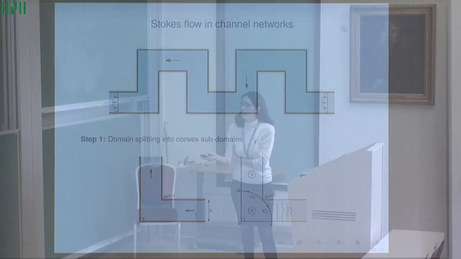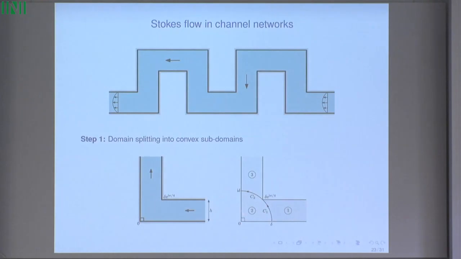The reason I thought of this splitting is because near this corner you have the Moffatt eddies forming, because it's 90 degrees. So here and here you have different behavior, different singularities. By splitting the domain into this subdomain and using this mapping, you are avoiding it.